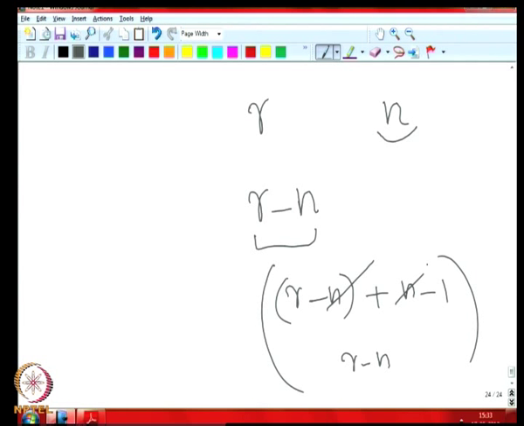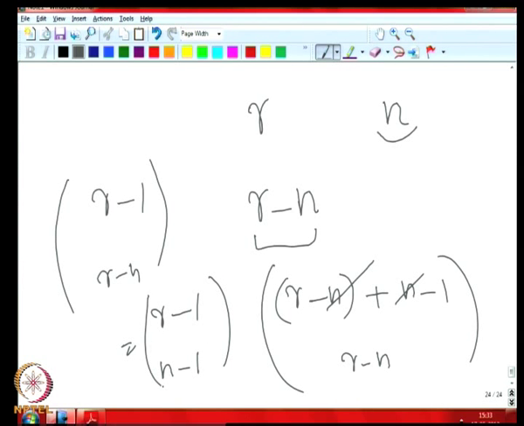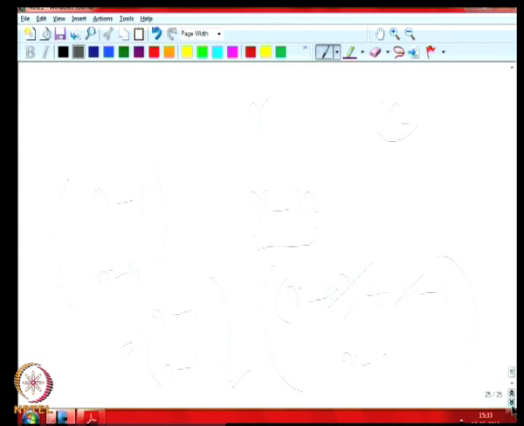Here n will cancel off, so that just becomes r minus 1, choose r minus n. We can also put it as r minus 1, choose n minus 1, by the symmetry rule, because if you add these you get r minus 1. This is a nicer formula, because it looks nicer: r minus 1, choose n minus 1.